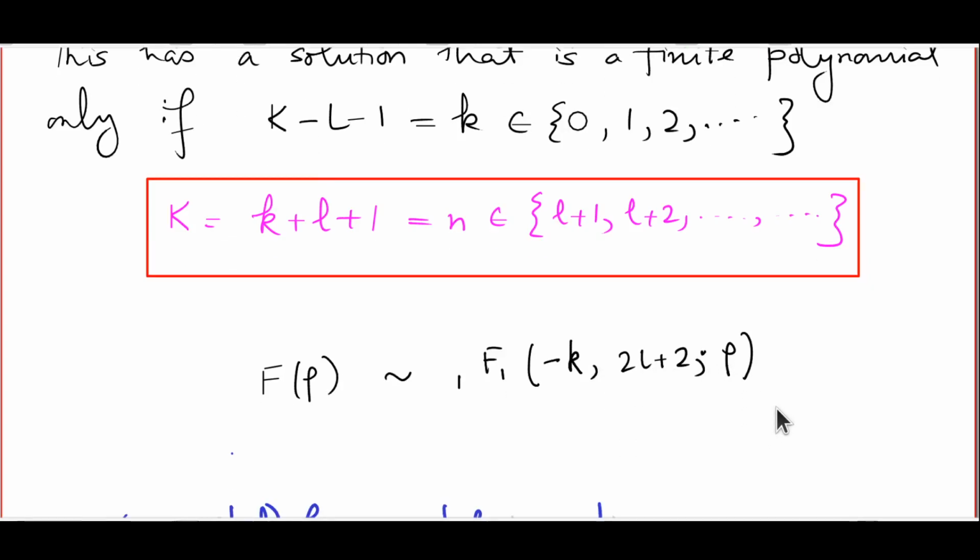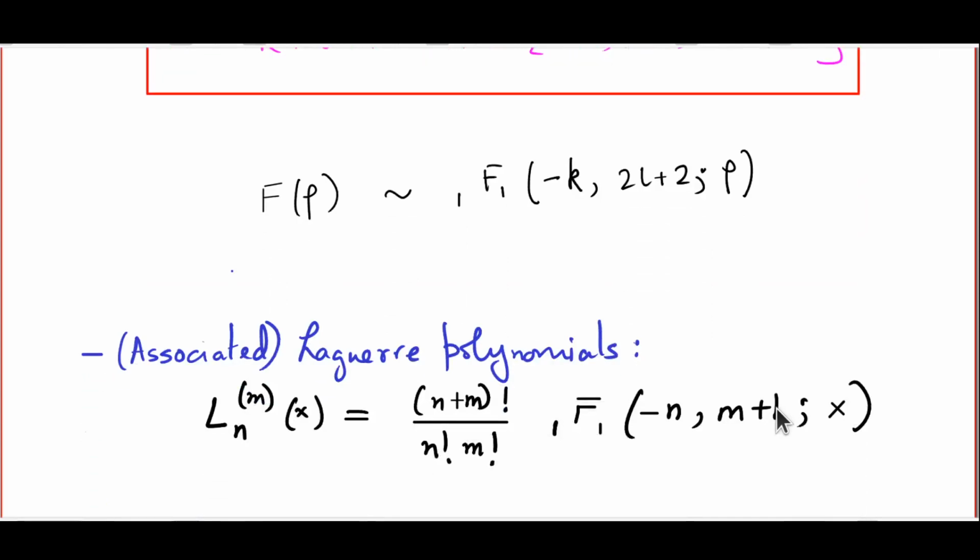And that of course can be related to the associated Laguerre polynomials, because let me again remind you, this is from the last lecture, that if the quantity small a takes negative integer values, which in this case it does, a value minus k, then what you end up with is a finite polynomial which is called the associated Laguerre polynomial.